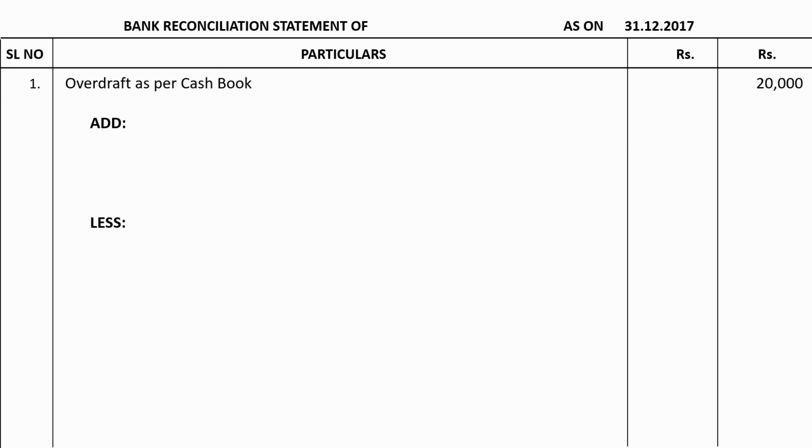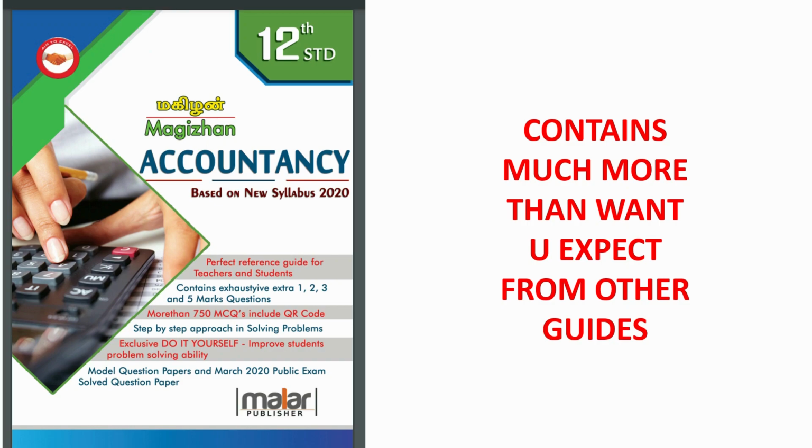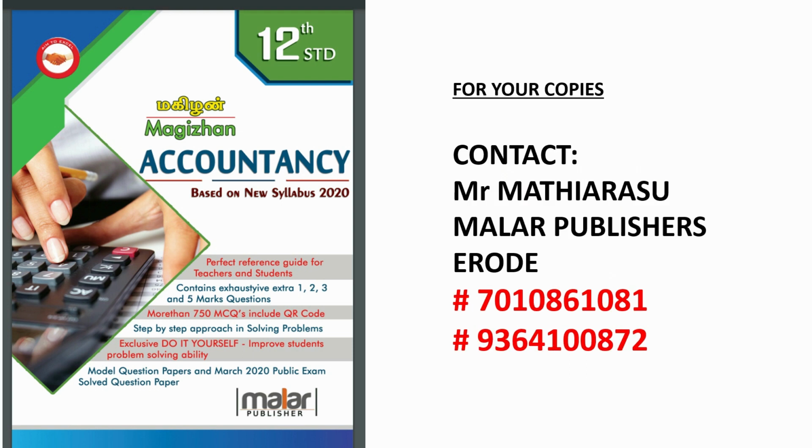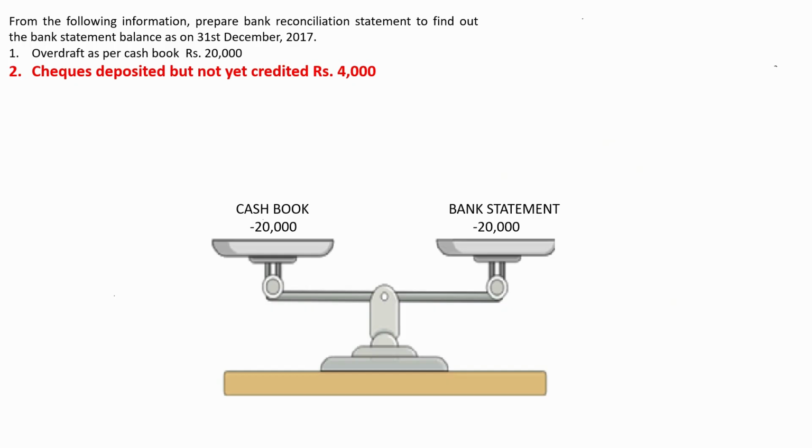Let us start the sum. Bank reconciliation statement as on 31/12/2017. We start with overdraft as per cash book rupees 20,000. Check deposited but not yet credited rupees 4,000.